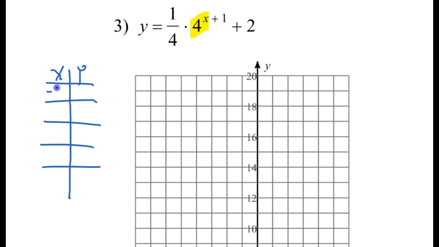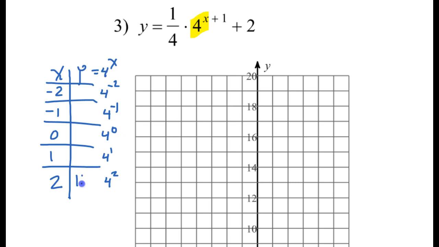And I will always start with the same x values, -2, -1, 0, 1, and 2. For the y values, I'm doing y equals 4 to the x power. So that means I'm doing 4 to the -2 power, 4 to the -1 power, 4 to the 0 power, 4 to the 1 power, and 4 squared.